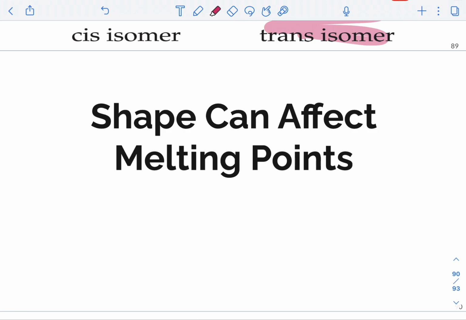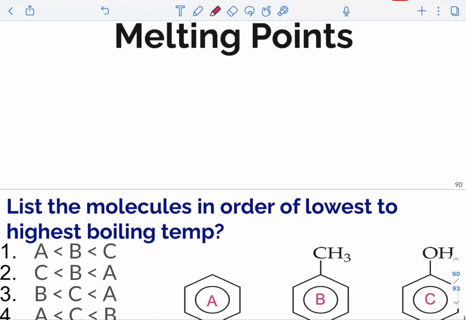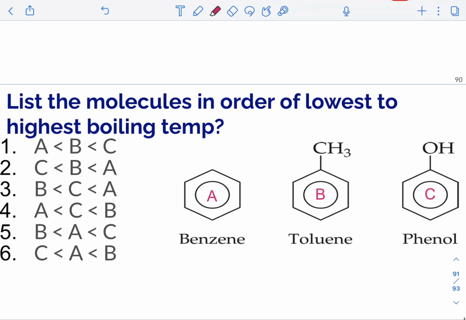So we've talked about boiling point. It also affects melting points, okay? So here we have lowest to highest boiling temperature. So we would expect A would be first, and then B, and then C, because this would just be LDF, benzene.